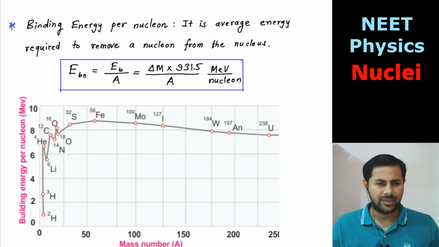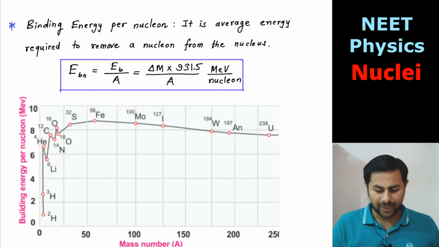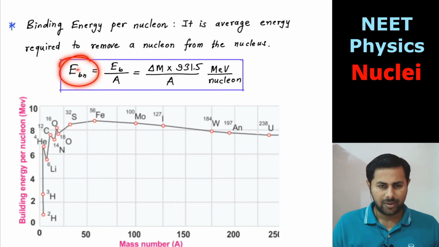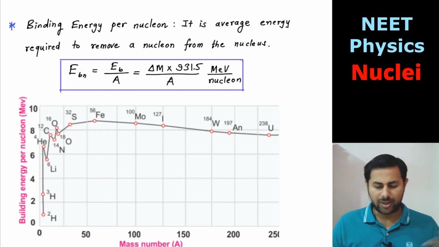So which nucleus would be stronger? The one whose binding energy per nucleon is greater. Is this thing clear, everyone?